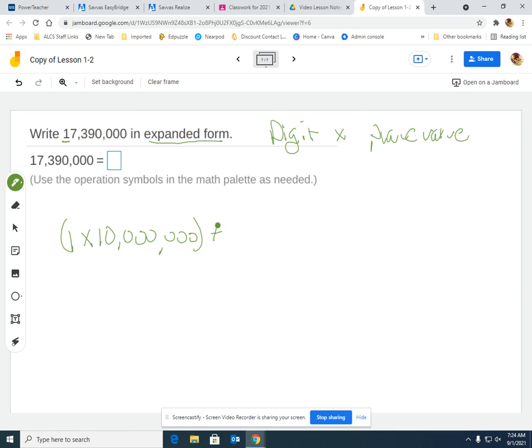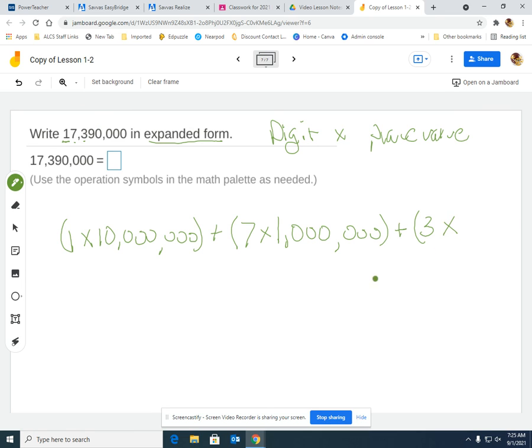And I'm going to add to it the next digit I have. The next digit I have is a 7. I would say 7 times its place value. Well, that 7 is in the millions place. So 7 times 1 million. And I would do the next digit, which is a 3.